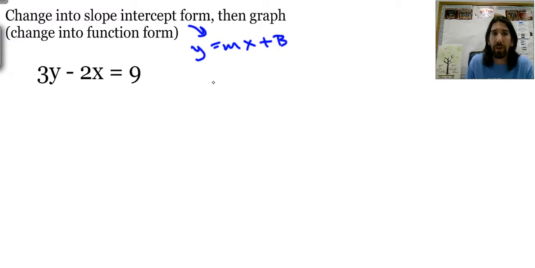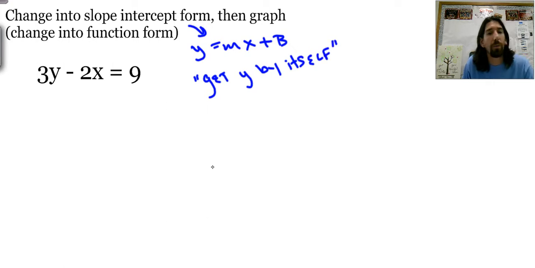Another way to say that is we have to get y by itself. So that y has to get all alone. You'll also see directions that say change into function form. Function form is the same thing as slope-intercept form. So if you see those directions, they mean the same thing.